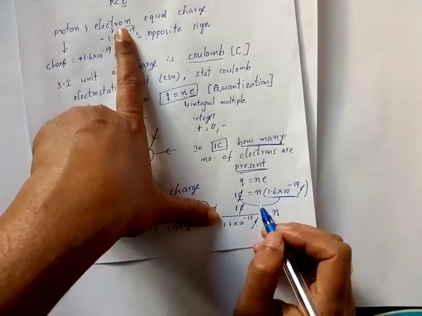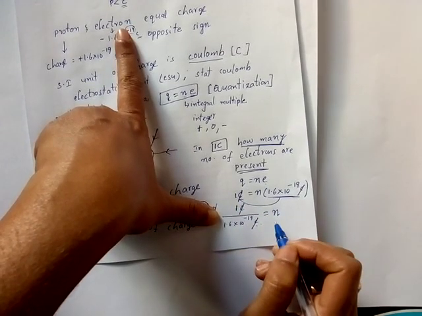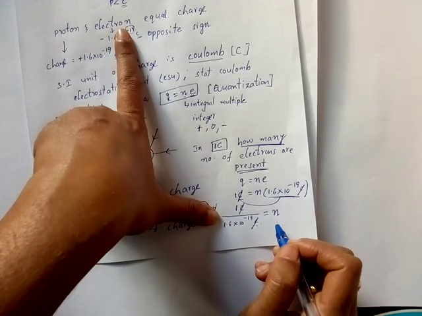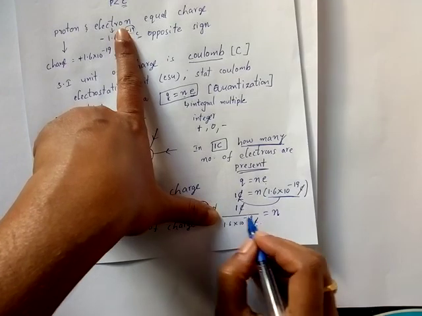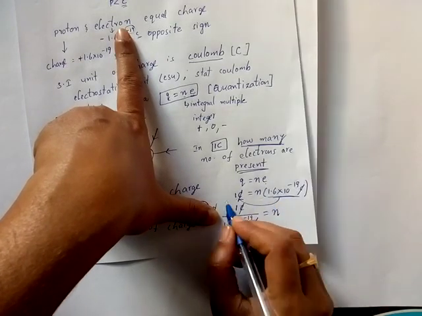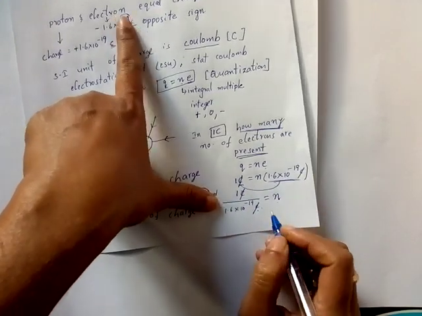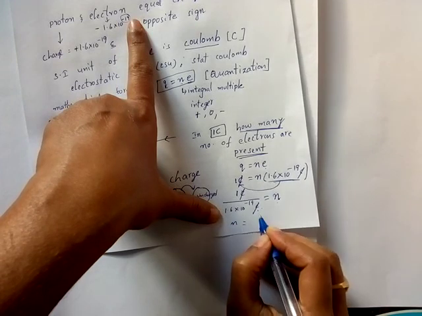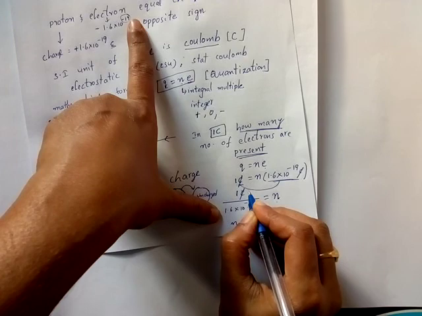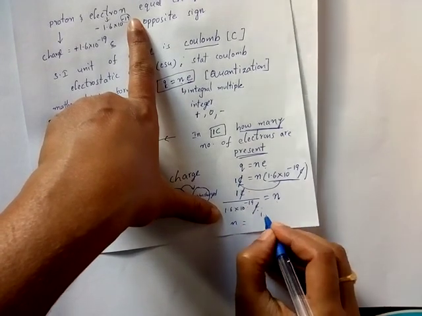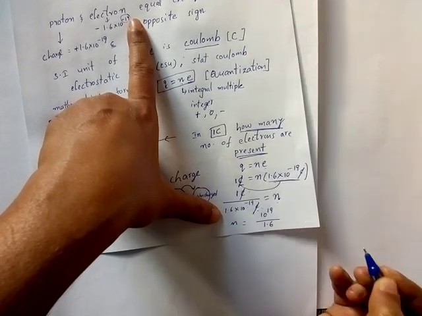What I have done here, I have separated the numbers and the value what I have to find. That means here N I have to find, it is variable, and 1 and charge on electron, these two are constants, so I have separated constants and variable. So N is equal to this 10 power minus 19, you can take it to numerator, so it becomes 10 to the power of plus 19 by 1.6.